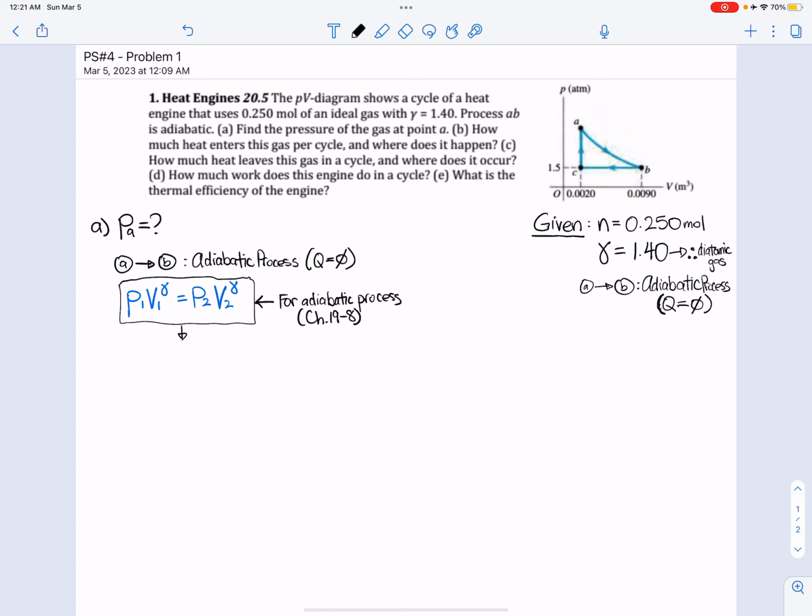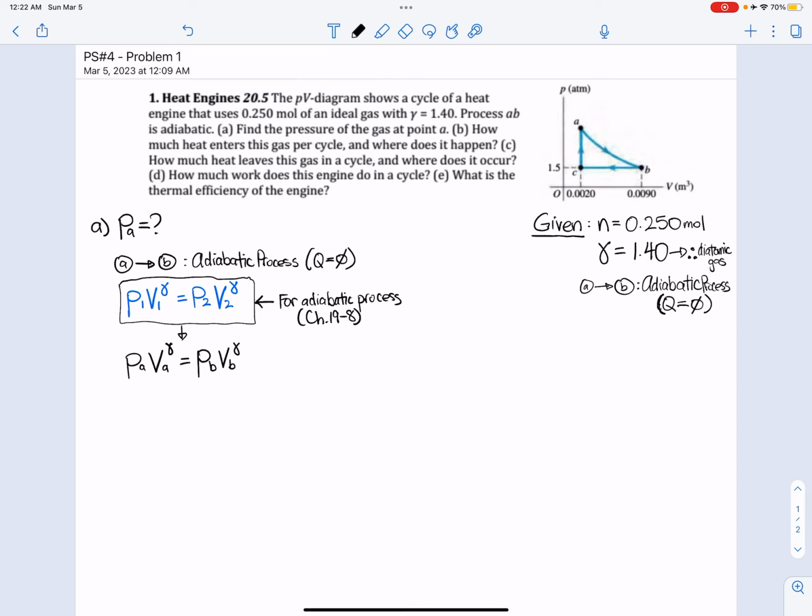So using that, I go from A to B. The pressure at A times the volume at A to the power of gamma, which is the ratio of molar heat capacity, is equal to the pressure at B times the volume at B to the power of gamma.